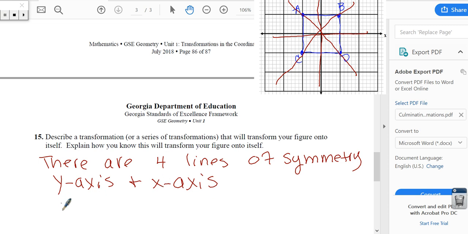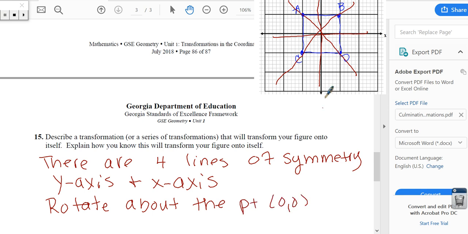And you can say you can rotate about the point 0, 0. So find my center of rotation, and since my polygon looks like a regular polygon, it's a square, and I drew it that way on purpose.